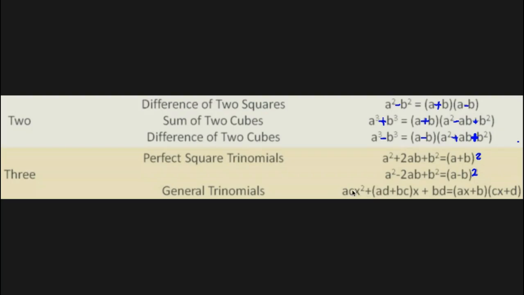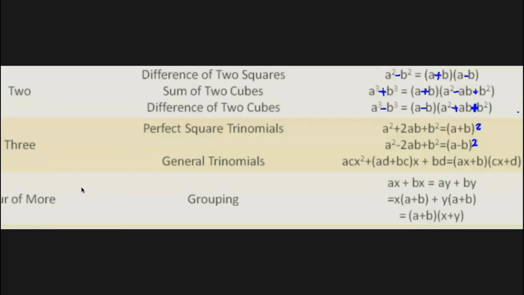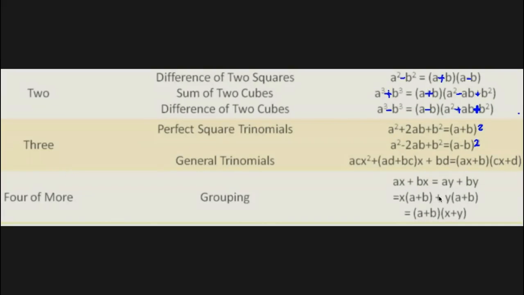We also have our factor by grouping-ish technique, where you multiply the first times the last, and you find the factors that sum to the middle. If you have 4 or more terms, then you're going to use the technique called factor by grouping.